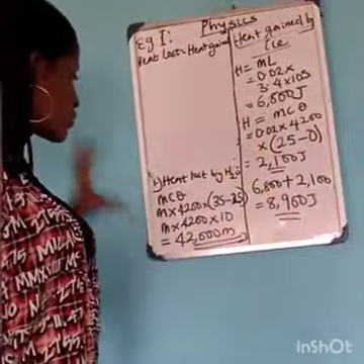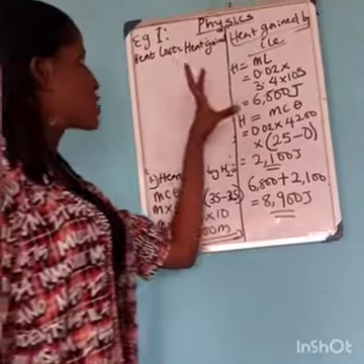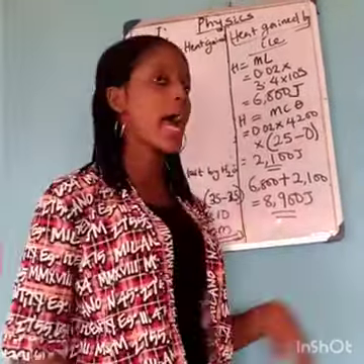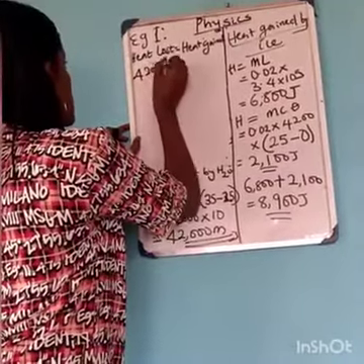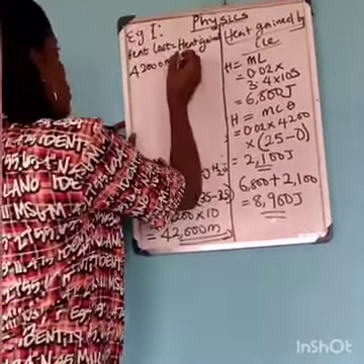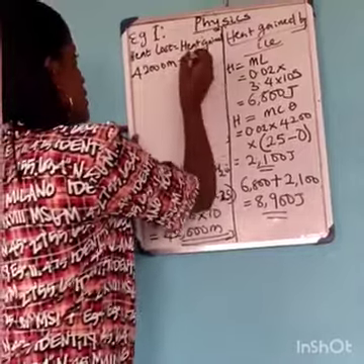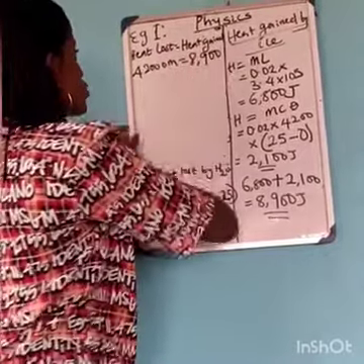And we're lucky enough, we found the heat lost by water and the total amount of heat gained by ice. Therefore, the heat lost, which is 42,000 m, is equal to the heat gained by ice, 8,900.